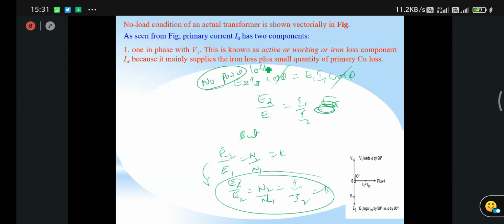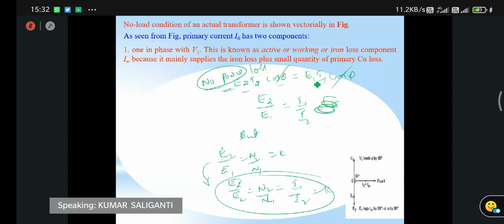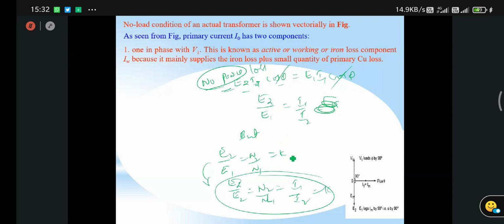I forgot this part to tell you. Therefore, the output power must be equal to the input power: E2 I2 cos phi equals E1 I1 cos phi. The cos phi is common on both sides, so E2 by E1 equals I1 by I2. But E2 by E1 equals N2 by N1 equals K. Finally we get this relation.